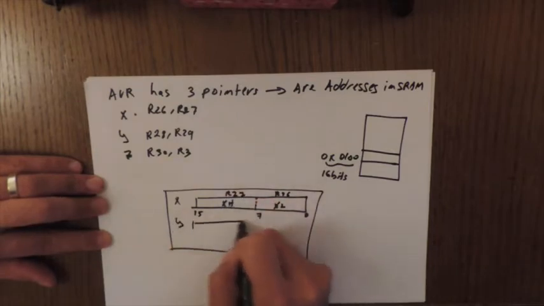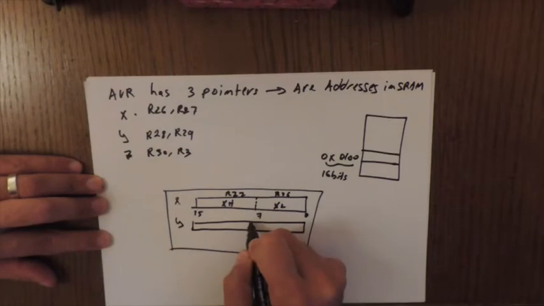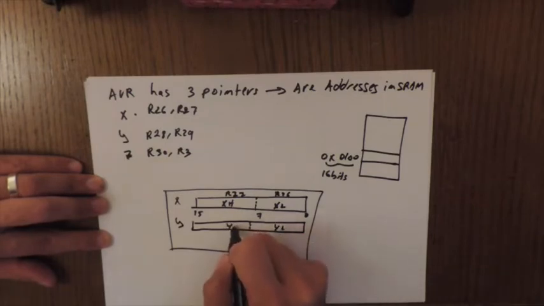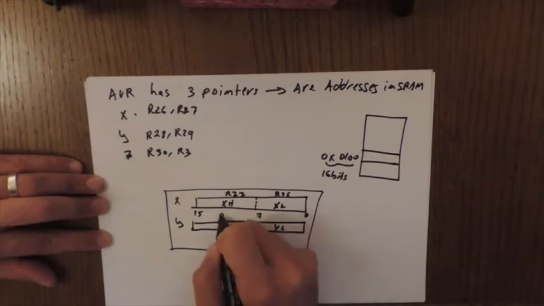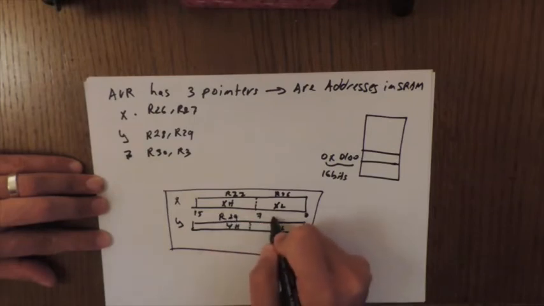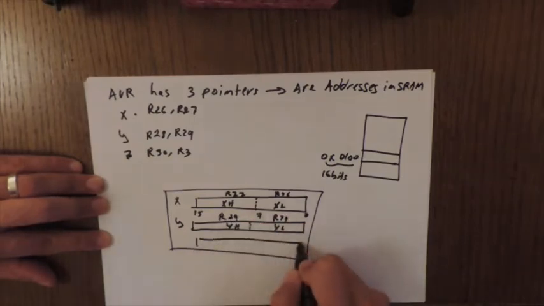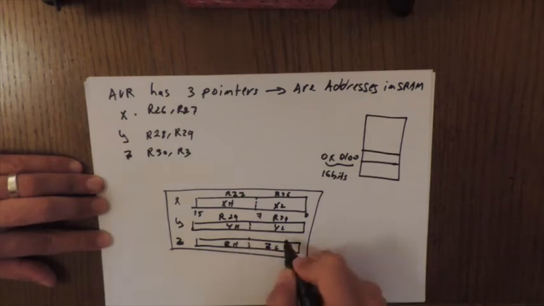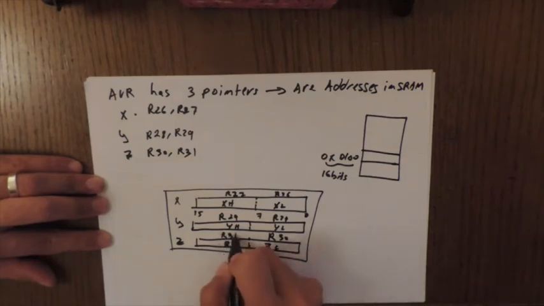Same thing for Y. We have Y low and Y high, and these will be R28 and R29. Same thing for the third pointer, which we call ZL and ZH, and we have R30 and R31.